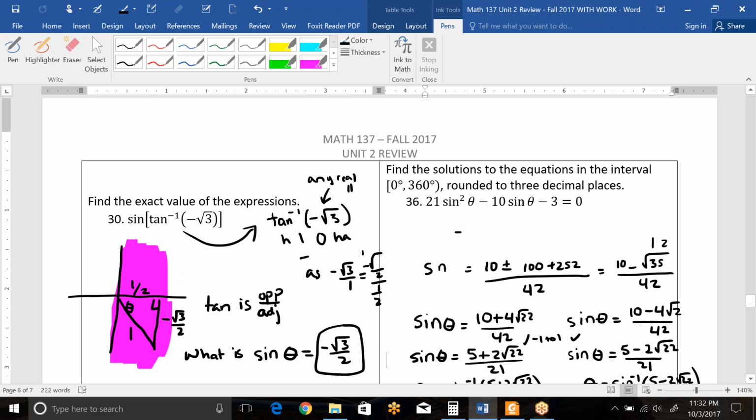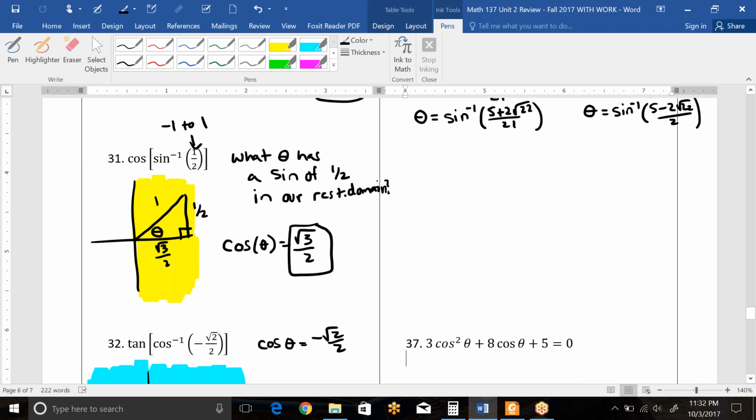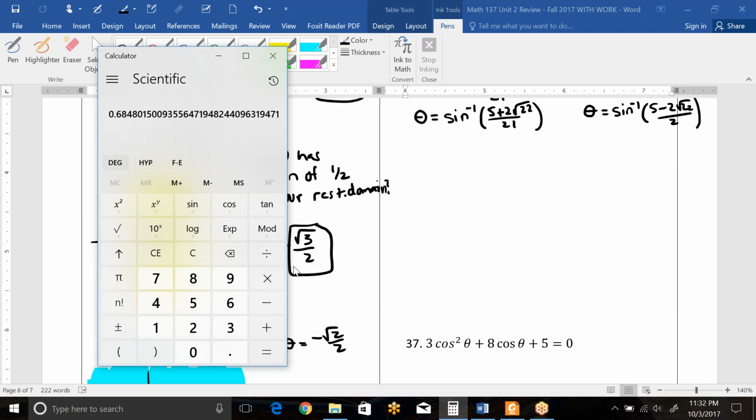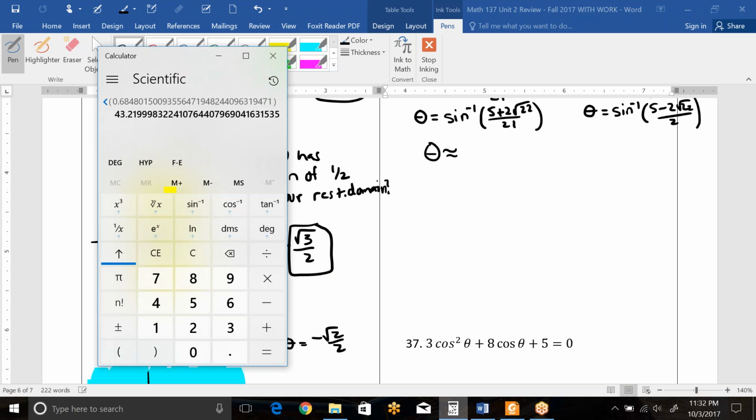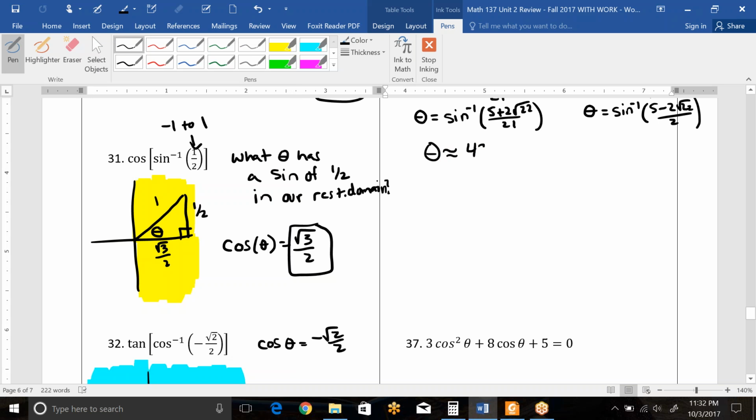This one says 0 to 360, so yes, we are doing degrees. So we're going to leave this in degrees and do the inverse of sine. That gives me a theta of approximately 43.220, because we're supposed to go to 3 decimal places. And that would be in degrees.